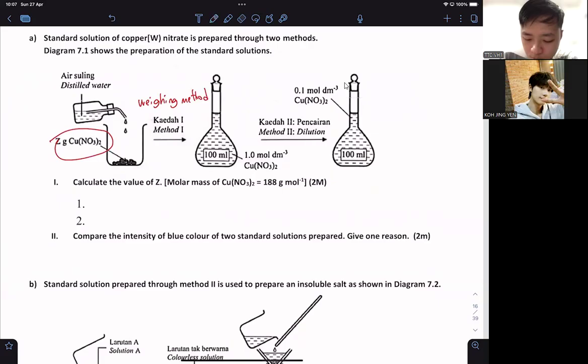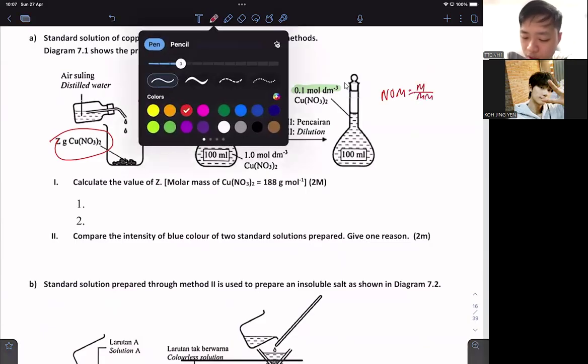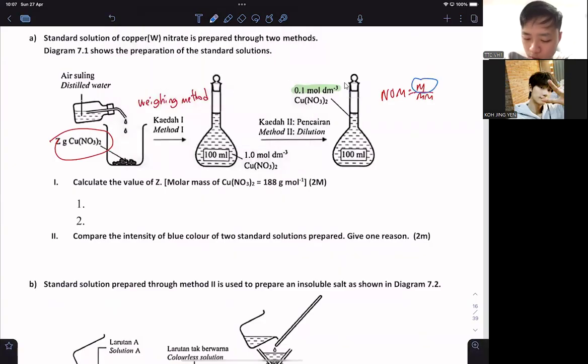If I ask you a very simple one, they give you molar mass 188, and they ask you how many grams. They give you number of mole 0.1. Number of mole equals mass over molar mass, so if you want to find mass, it is very simple.